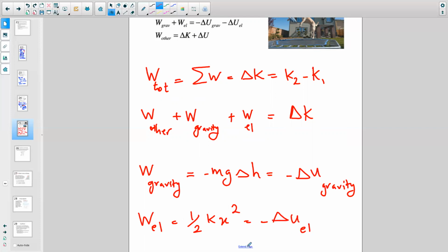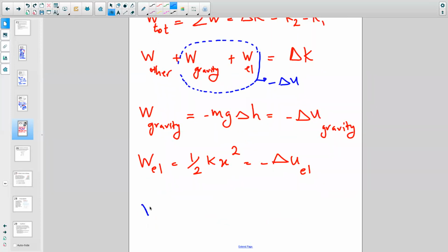So these two will be equal to negative of delta U. So I can write W of the other forces is delta K plus delta U again, but this delta U is not only from gravity, but also from elastic force, or force by friction.